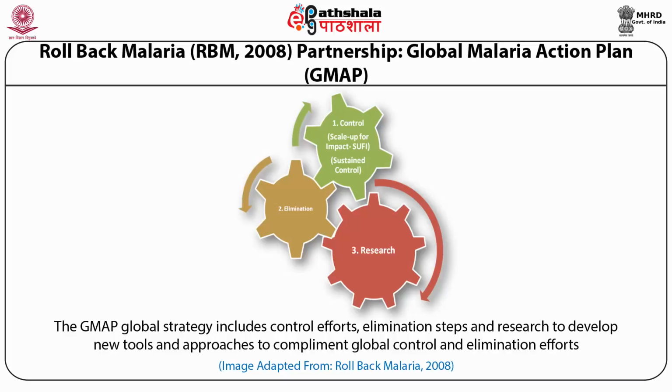Second, to decrease global malaria mortality by 50% in 2010 and to nearly zero deaths in 2015 with respect to the year 2000 estimates. And third, to eradicate malaria in 8 to 10 countries by 2015 and subsequently in other countries.